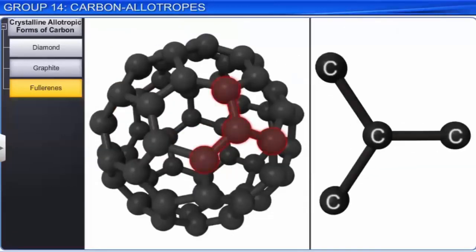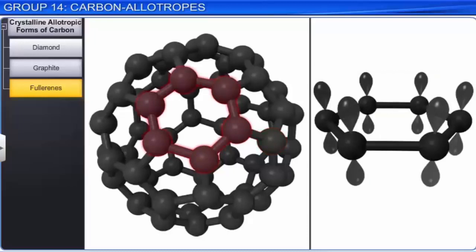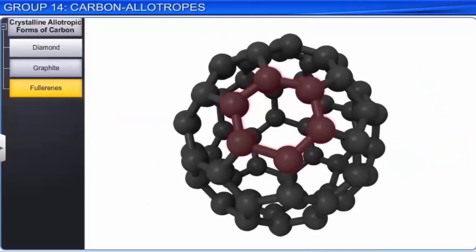Each carbon atom forms 3 sigma bonds with its 3 neighboring atoms. The remaining electron in each unhybridized p orbital of carbon is delocalized in molecular orbitals, giving the aromatic character to the molecule. 2 different bond lengths are observed in Buckminsterfullerene.